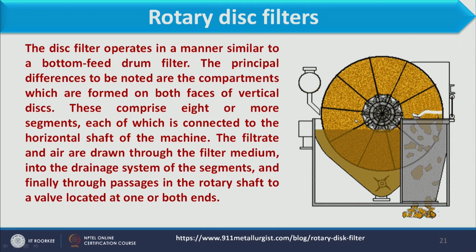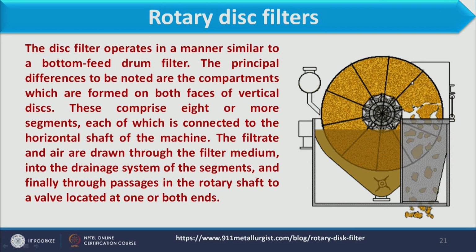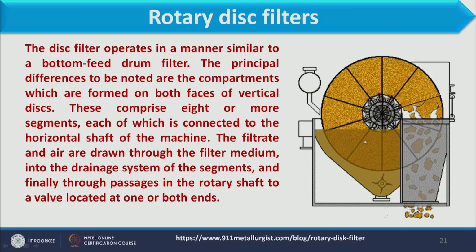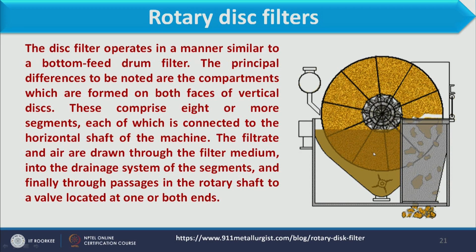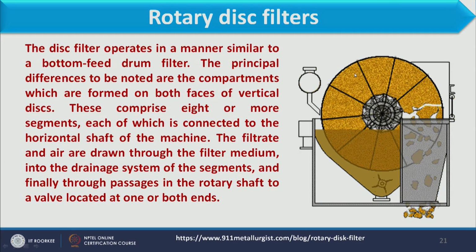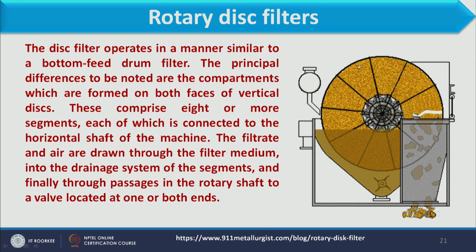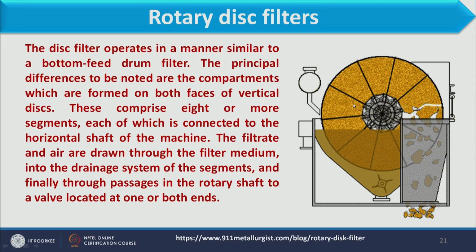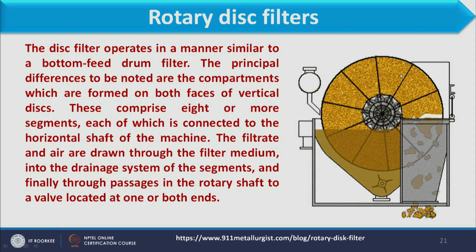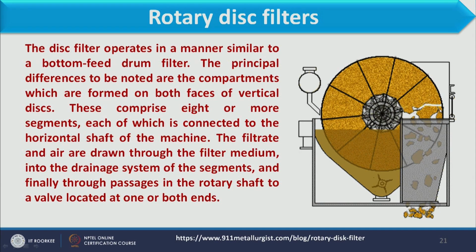Another side of this disc also contains the filter media, so cake is deposited on both sides of this disc. After deposition, when the disc moves, whatever moisture is available, that water is sucked by the vacuum, and then again washing takes place, and then dewatering takes place. All this happens in one rotation.